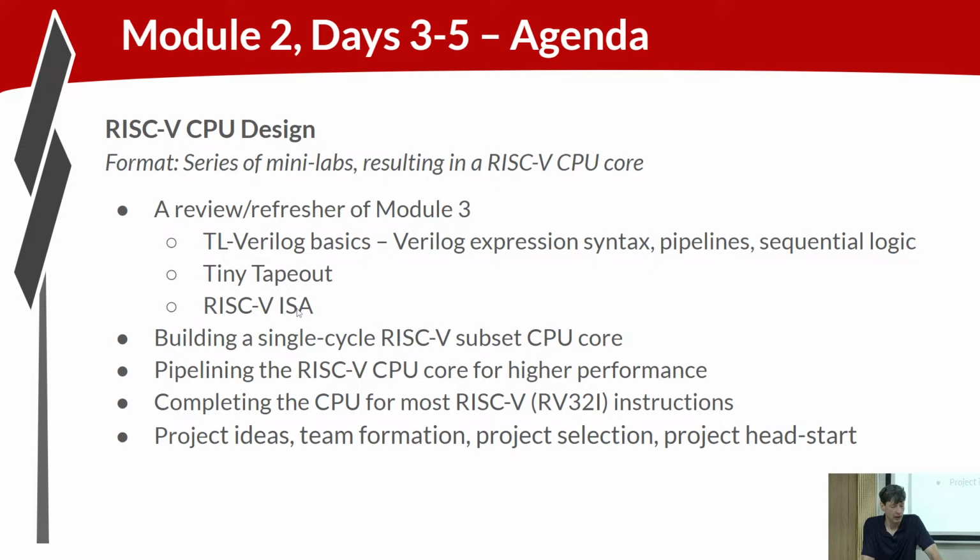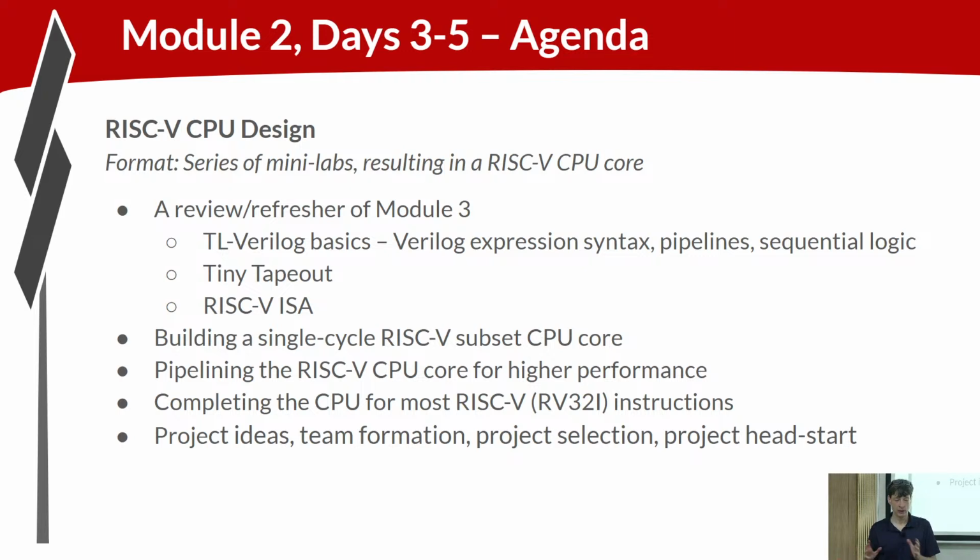After that, we get into building the RISC-V core. We're going to start with a subset CPU core, which is enough of the core to execute the test program that you just executed. After we build that core, the next thing we're going to do is pipeline it, to stretch out all the steps of executing the instruction over multiple cycles.